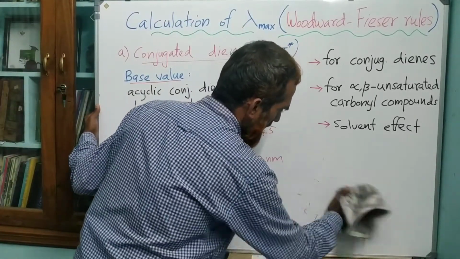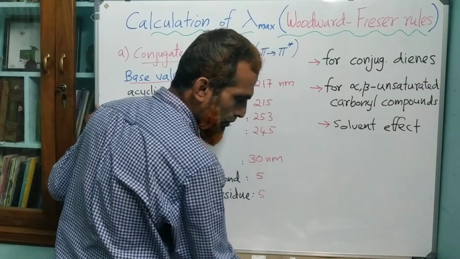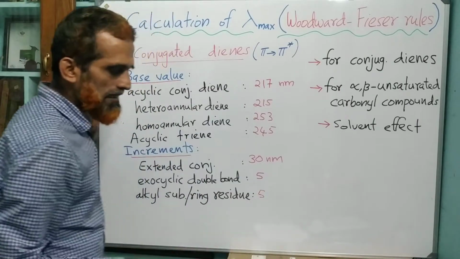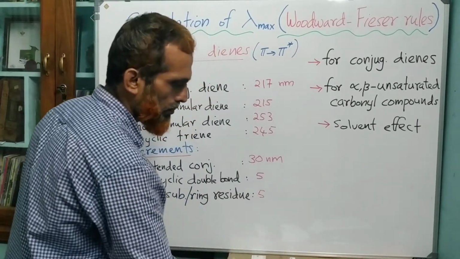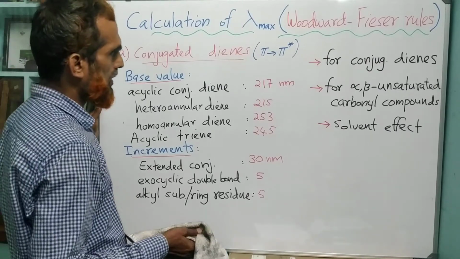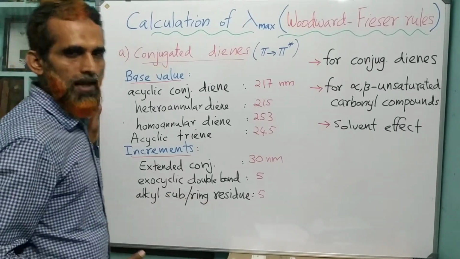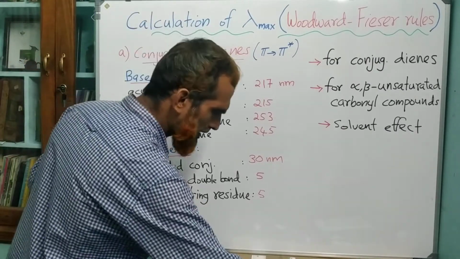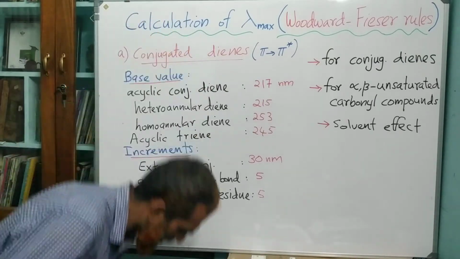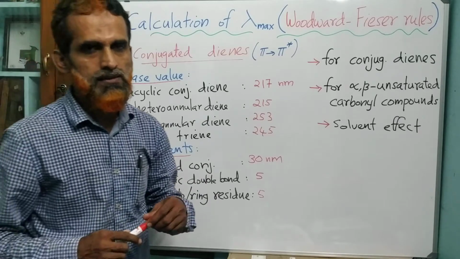Now let us discuss the next class of compound, that is alpha beta unsaturated carbonyl compounds. And here we should know the base value. Okay, I think we will discuss that part in the next class.